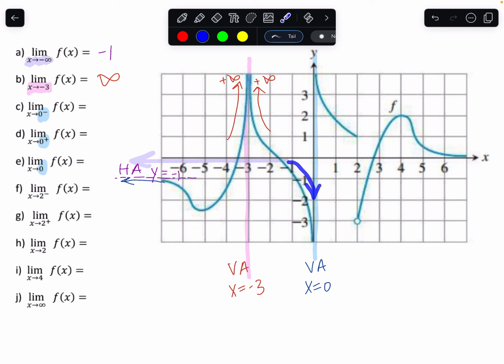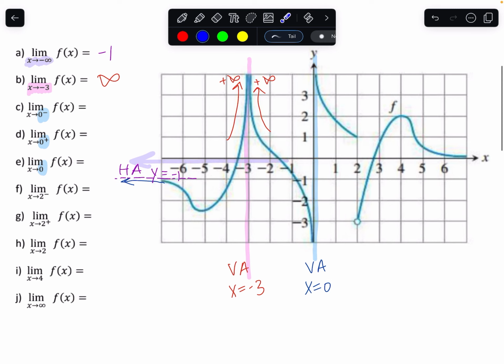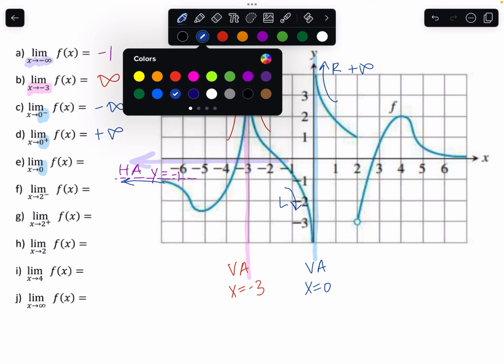So if you notice the left and the right sides, as we get closer and closer to 0, if I'm tracing the graph approaching 0 from the left, my graph is going down forever. And if I'm approaching 0 from the right, my graph is going up forever. So in this situation, as we approach from the left, the y values tend towards negative infinity. And as we approach from the right, the y values tend towards positive infinity.